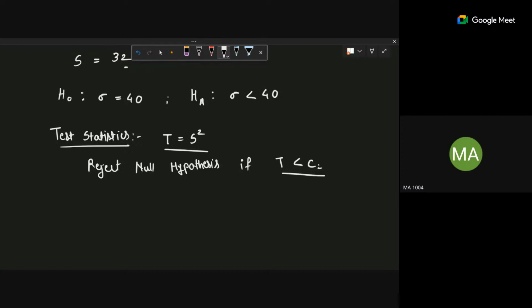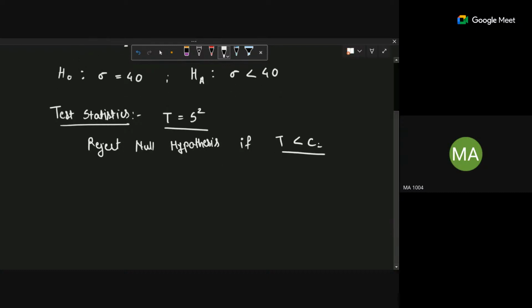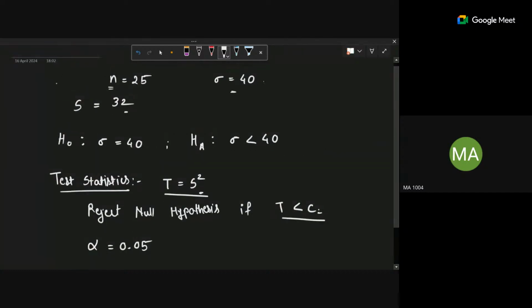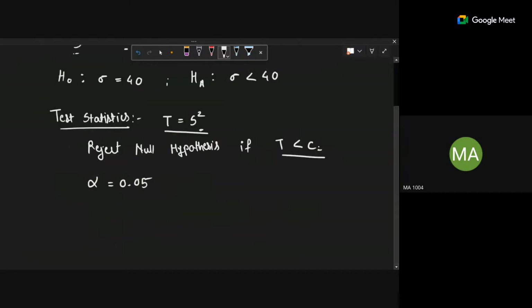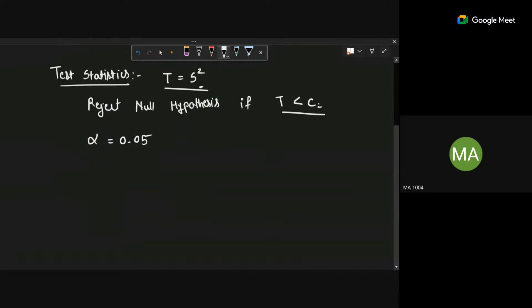Okay, as alpha is also given to us, right? The significance level they have asked is 0.05. So obviously we will be finding what C will be, and we will compare it with S square. Do we have any idea about S square? Yes, we are given that the sample standard deviation was 32, right? So all set.